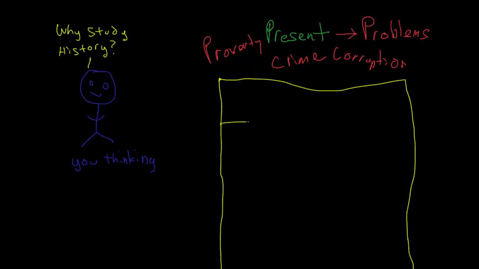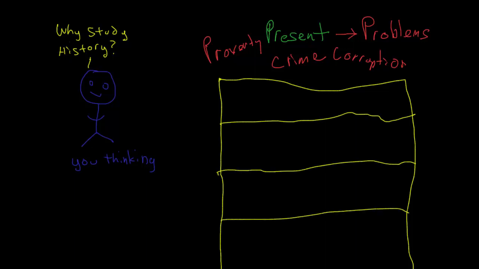So there's all kinds of different stories that are in this building, and there are many rooms in this building. And we live up here in the present, and we notice that there are some problems as we look around, right? Poverty, crime, and corruption. Now, what does the past have to do with these problems? Well, these bottom floors that we live on the top of were built by other people.